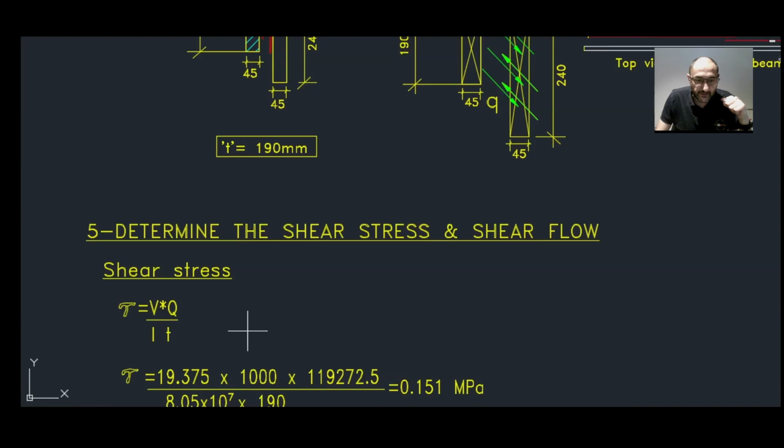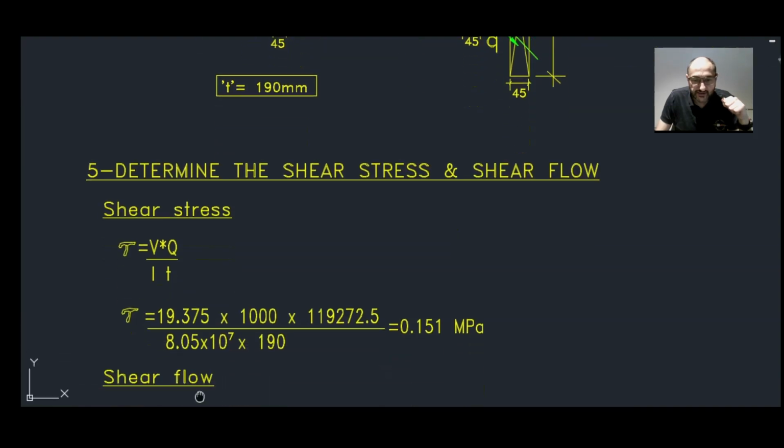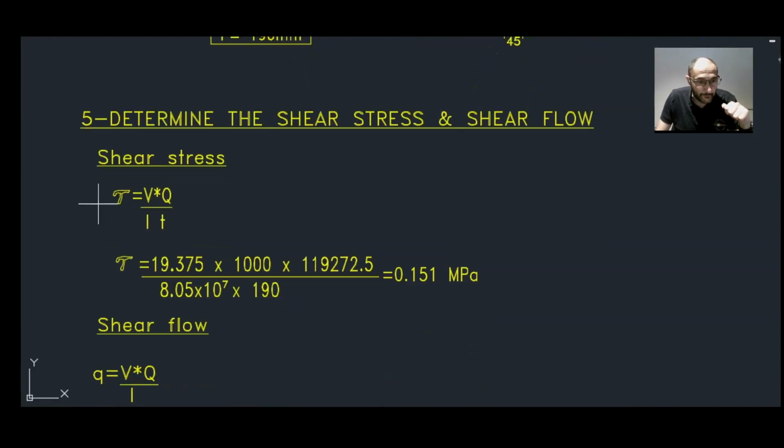The fifth step is to work out the shear stress and the shear flow. Shear stress is VQ over IT, and that will be 19.375 times 1,000, converting everything to Newtons, multiplied by Q, the first moment of area, 119,272.5, divided by the second moment of area, 8.05 times 10 to the power 7, multiplied by the width of 190.